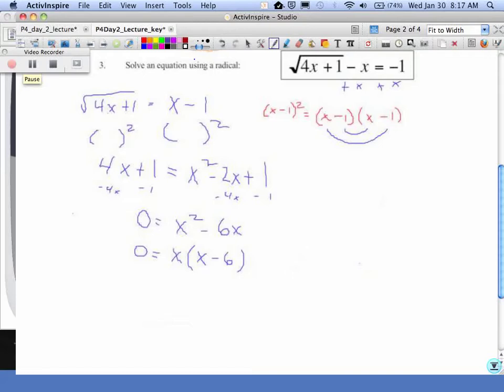I always tend to move my stuff toward the x squared when it's positive, so I'm going to send my stuff to the right, even though it looks a little bit different with the 0 on the left. If you put the 0 on the right, just make sure the only thing that's left is a positive x squared and a negative 6x.